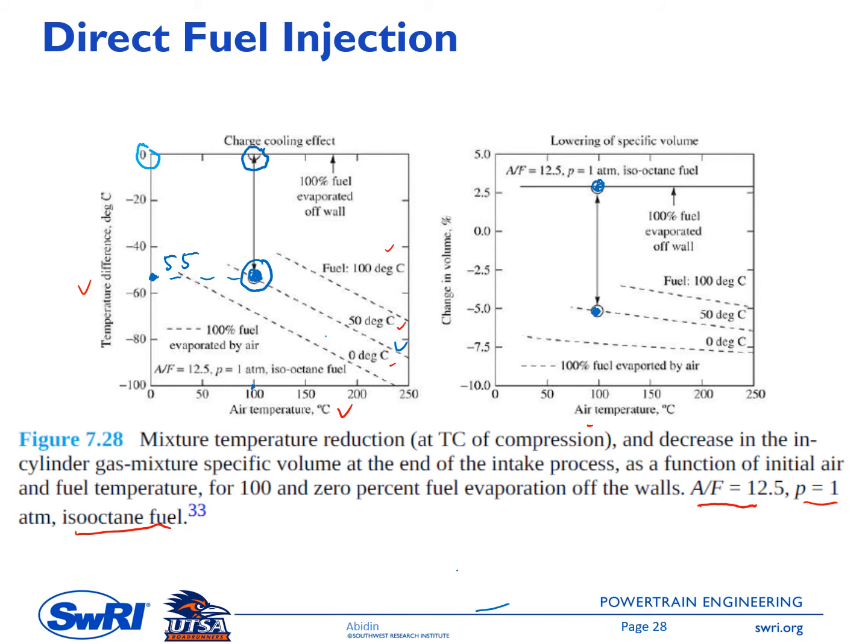You can see there will be a reduction of specific volume of 5%. This means we will have an increase in mixture density of 5% when we have an air temperature of 100 degrees C and a fuel temperature of 50 degrees C, and once again, 100% of the evaporation energy is coming from the mixture energy.